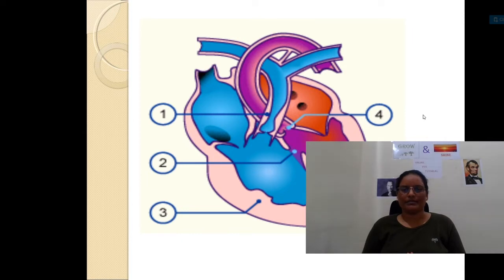Why? Because here the blue and red blood mix, and it becomes purple mixed blood, and this blood goes into the systemic circulation.